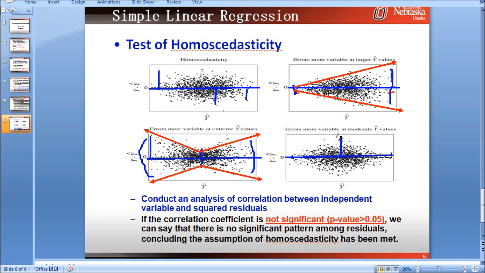How about this? From the center, the variance is getting smaller toward the end of the distribution like this, right?